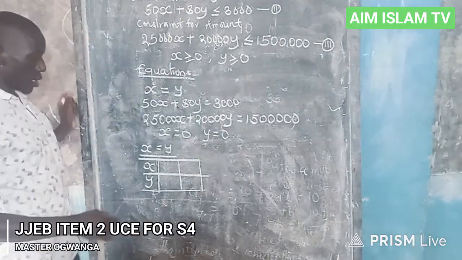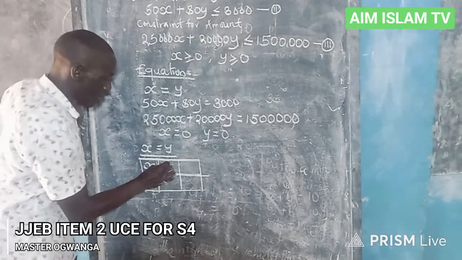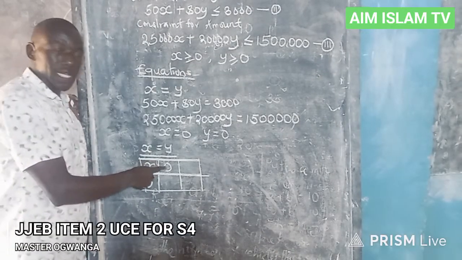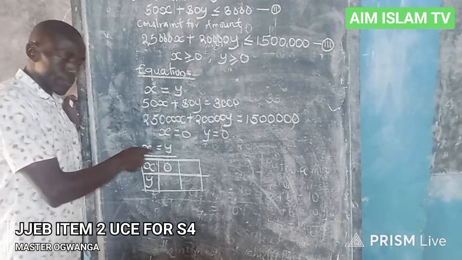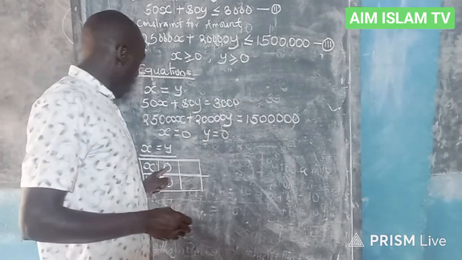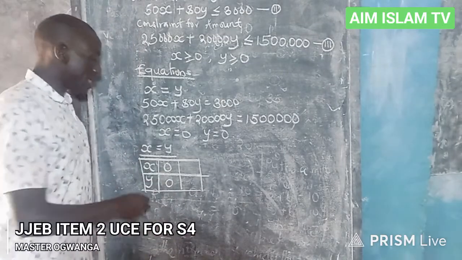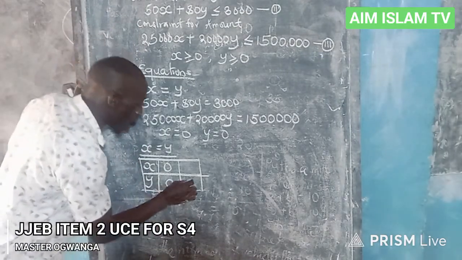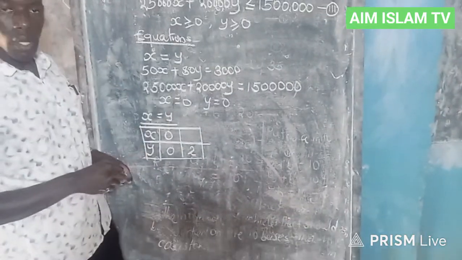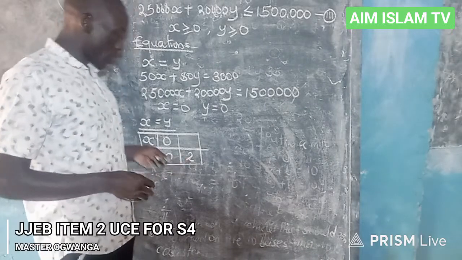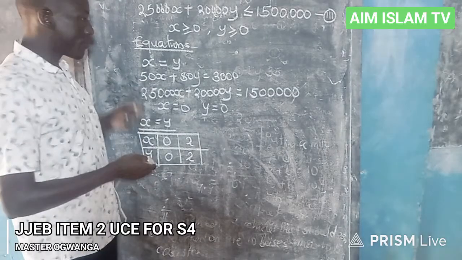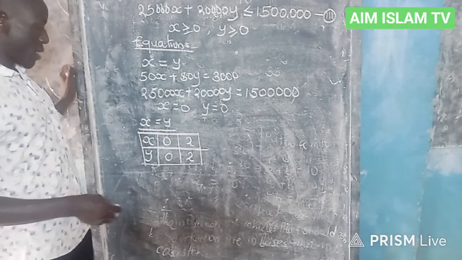If I let my value of x be 0, then y is 0, because x and y are the same. And if I start with y this time and say y is equal to 2, then x is also equal to 2, because they are still the same.